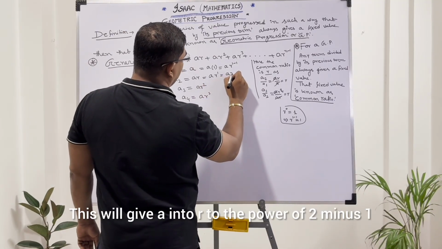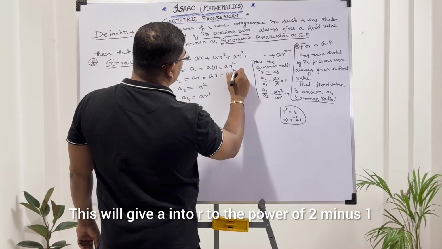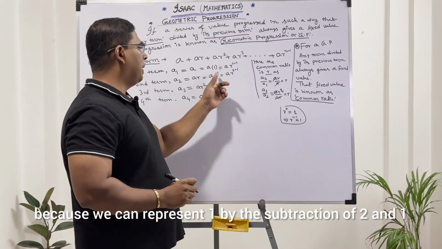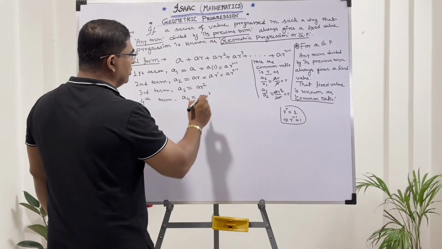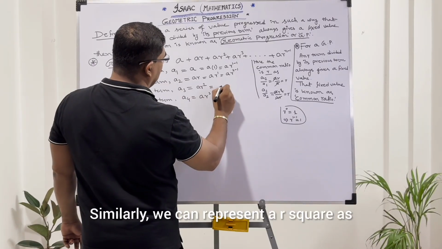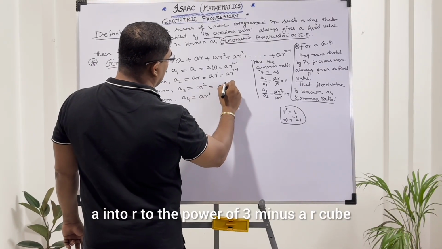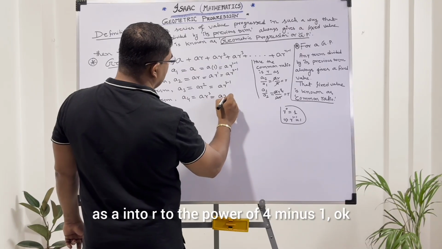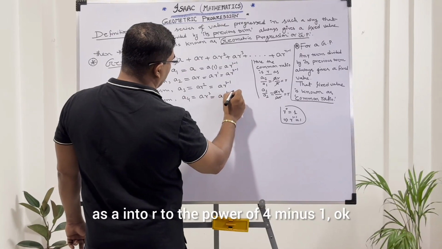This will give A into R to the power of 2 minus 1, because we can represent 1 by the subtraction of 2 and 1. Similarly, we can represent AR square as A into R to the power of 3 minus 1, and AR cube as A into R to the power of 4 minus 1.